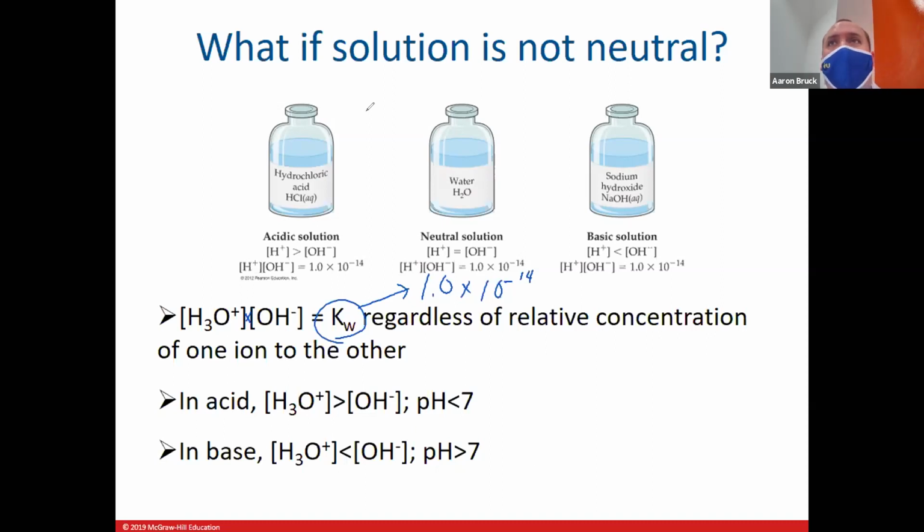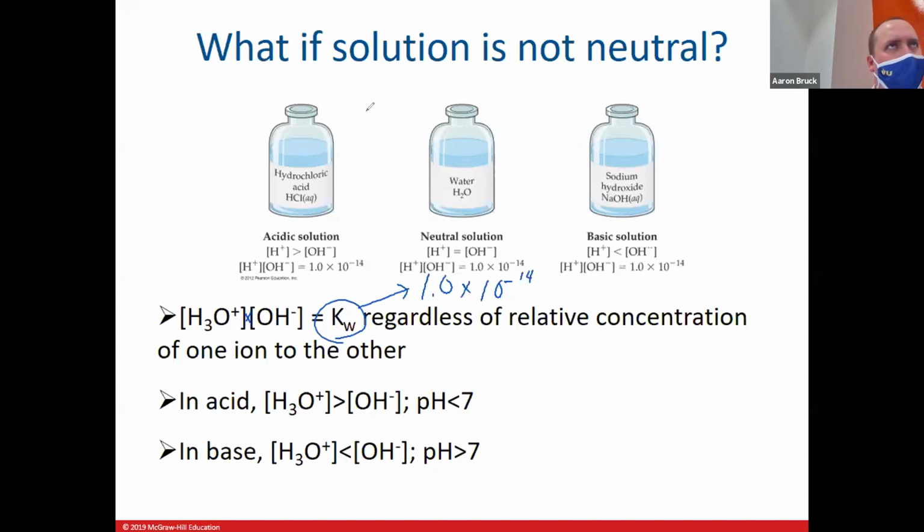That comes from the multiplication of 1 times 10 to the negative 7th multiplied by 1 times 10 to the negative 7th. So regardless of situation, we're always going to get the same value when I multiply those two concentrations by each other.